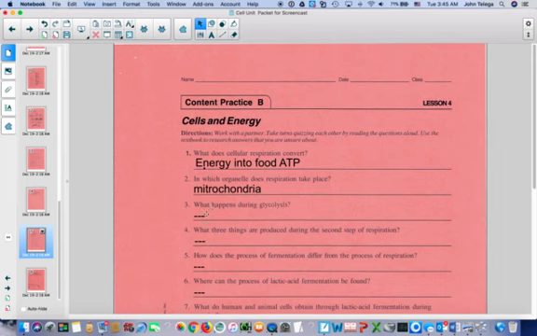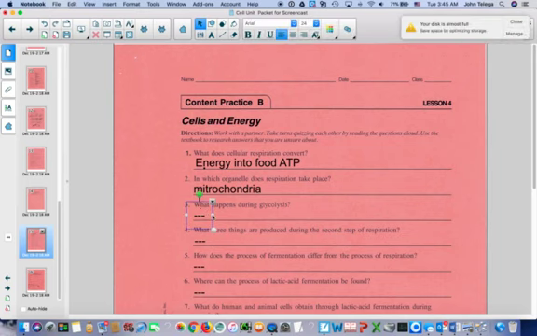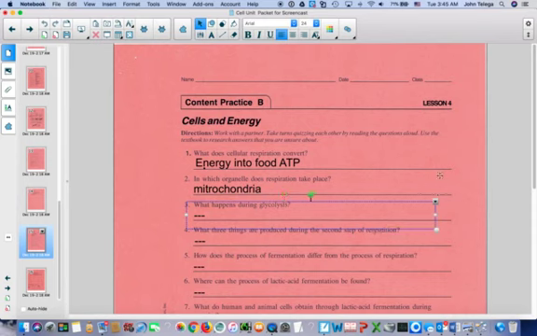And then sugar. Oh, what happens during glycolysis? Broken down to smaller molecules.